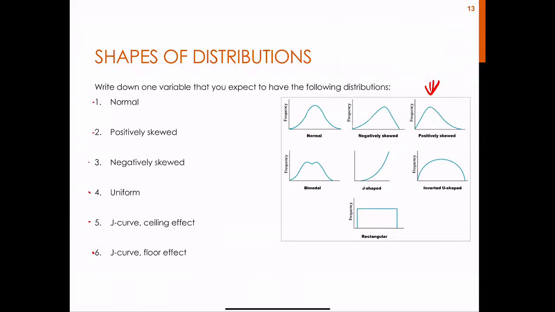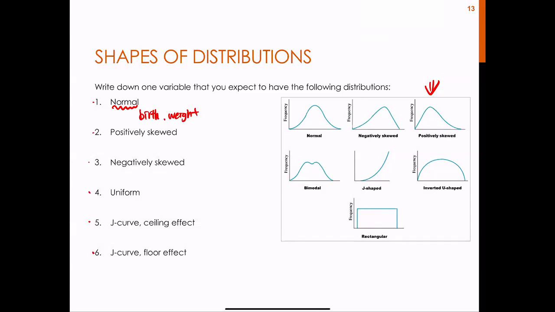Yeah, let's talk about a good example for each distribution. For the normal distribution, the general example is maybe height or weight. Yeah, these are general variables for the normal distribution.